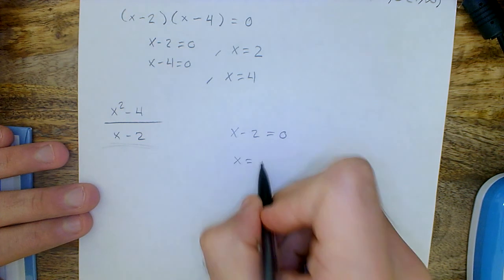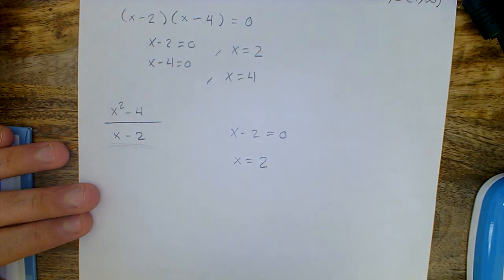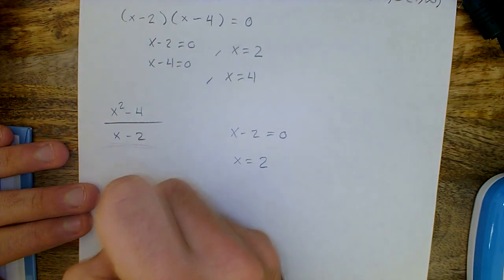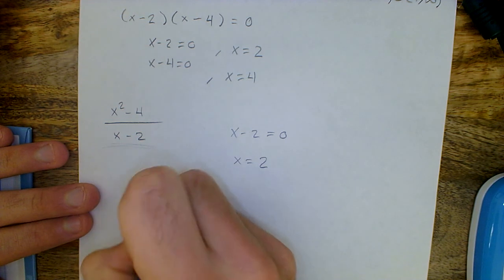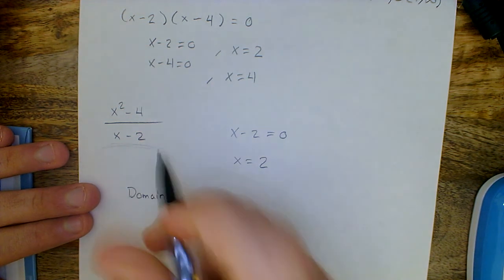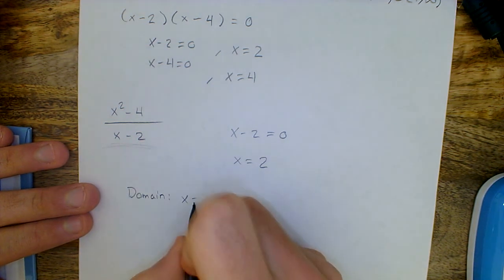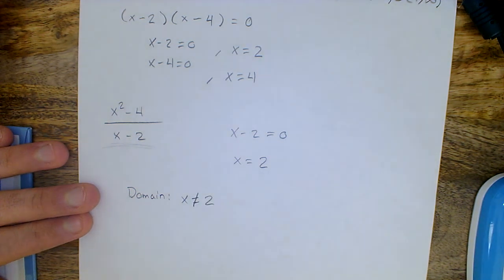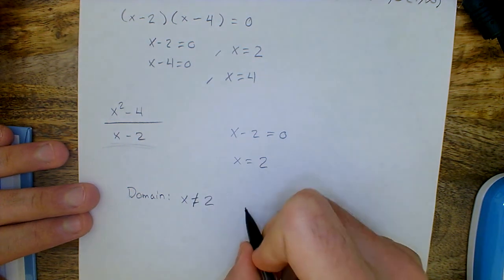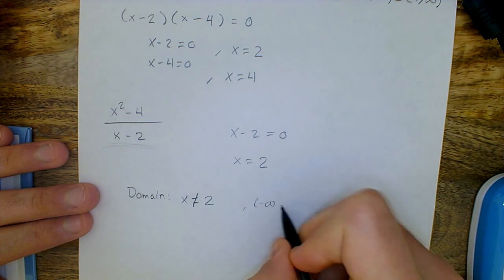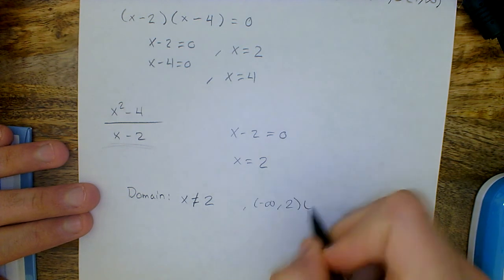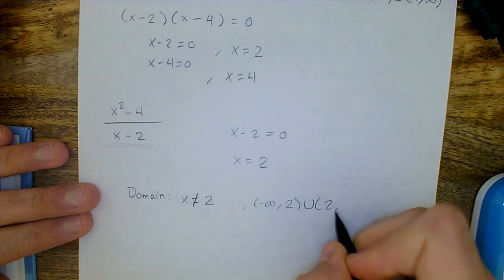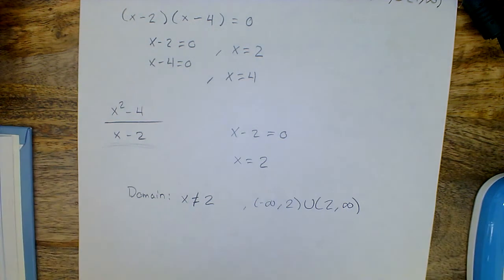Well, this is just x equals positive 2. So this one's domain is x not equal to 2. You can also write that as negative infinity to 2, exclude, or 2 to infinity.